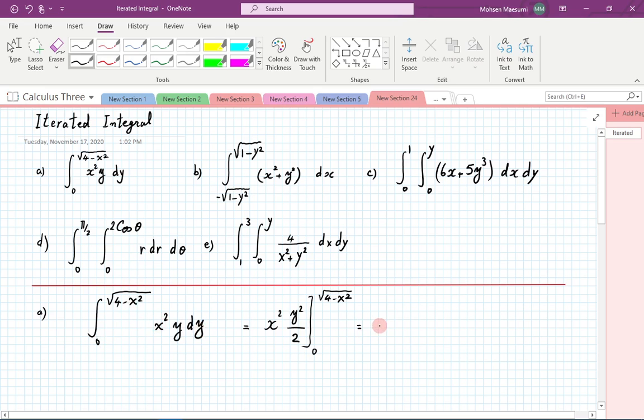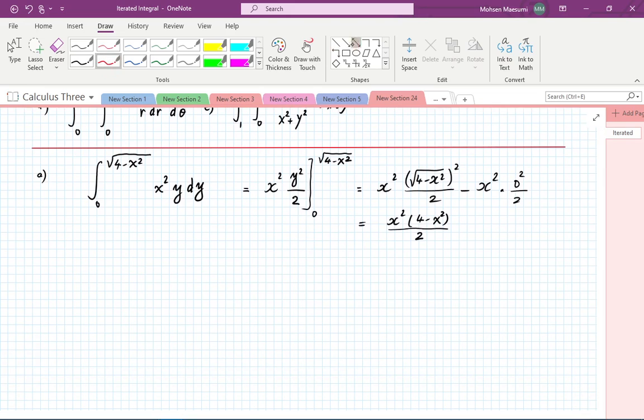So in this case we get x squared, and then when I replace y by radical 4 minus x squared, I have to square it and divide by 2, and the second time around I'm replacing it by 0, so x squared times 0 squared over 2. Of course the second item is just 0, and we have x squared, and the radicand comes out, divided by 2, and that is our answer.